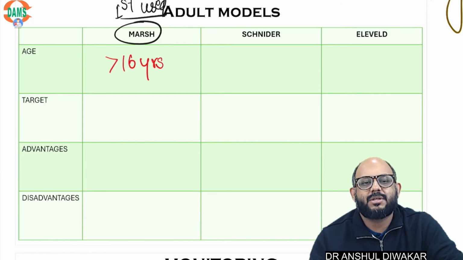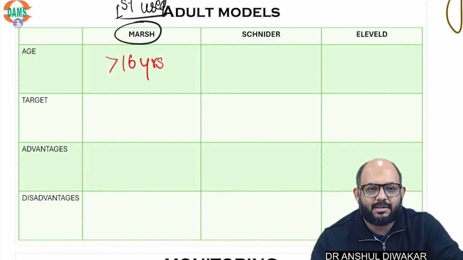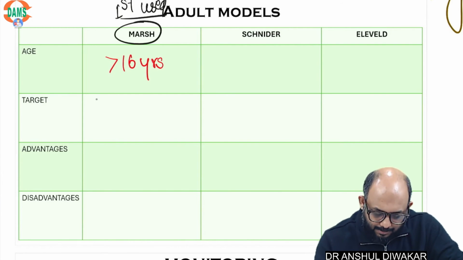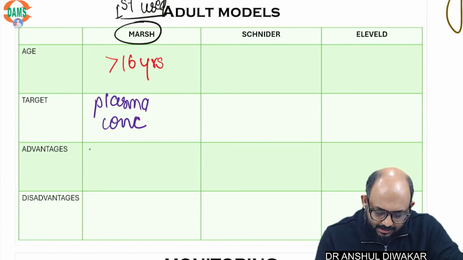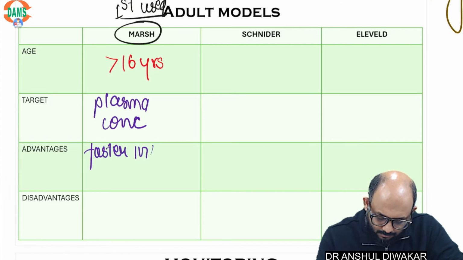So they started using it by default from more than 16 years. Target was always plasma concentration. It was easy, it was the first, and they thought plasma concentration would do the job. What is the advantage? Faster induction due to large V1.